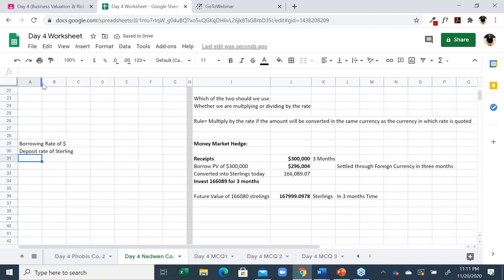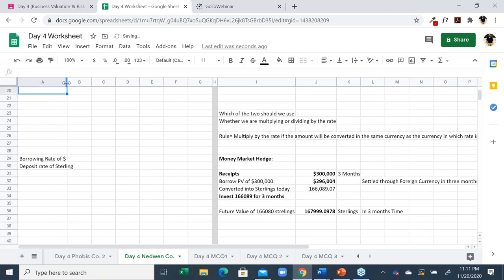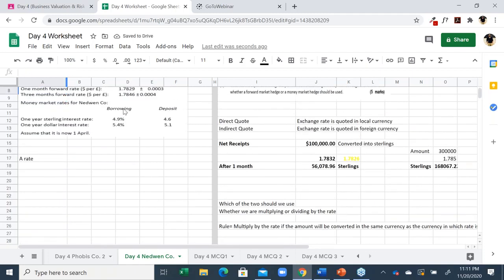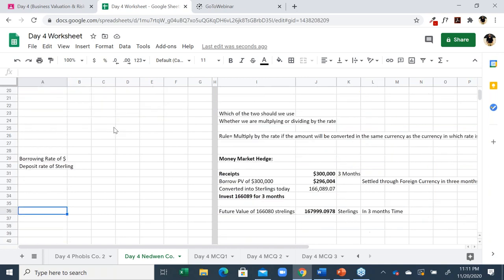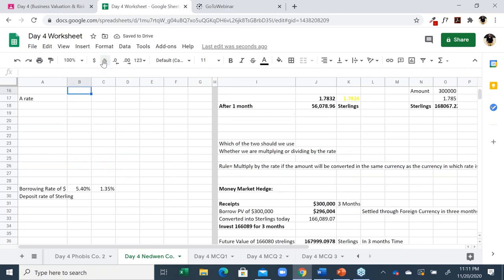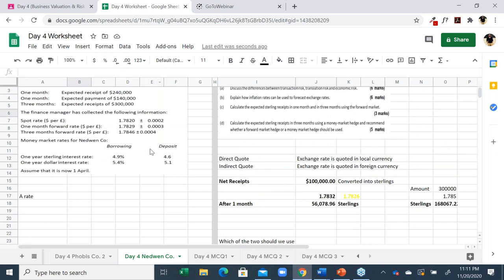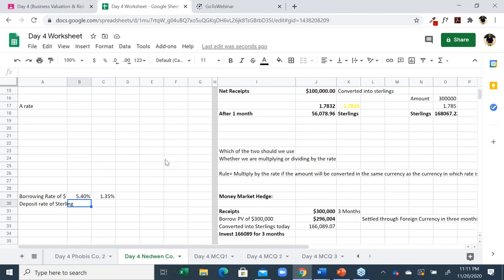So remember these. Let me write these. What was the borrowing rate? Borrowing rate of US dollar 5.4%, and we should make it a quarterly rate. And what was the deposit rate of sterling? 4.6, the same rate that we used in the money market hedge.